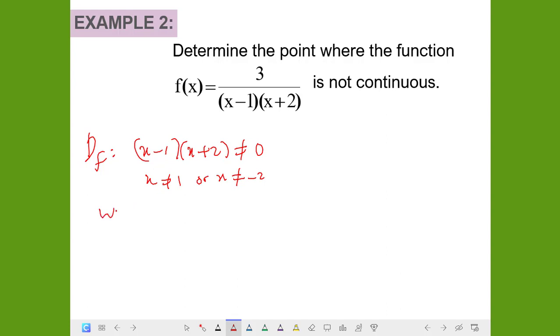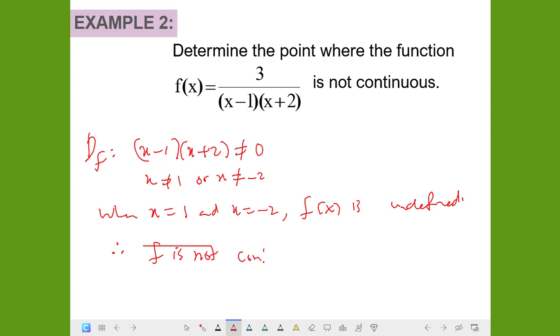When x is equal to 1 and x is equal to negative 2, f(x) is undefined. So therefore f is not continuous at x is equal to 1 and x is equal to negative 2.